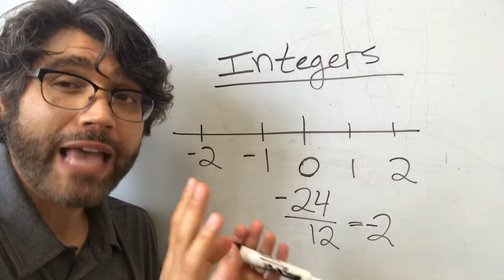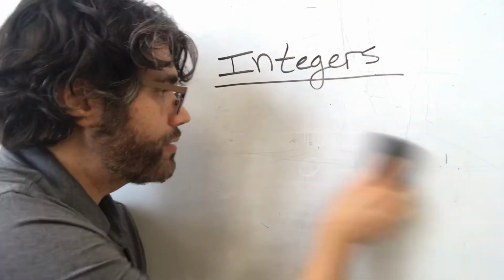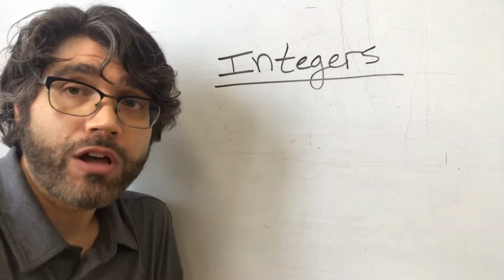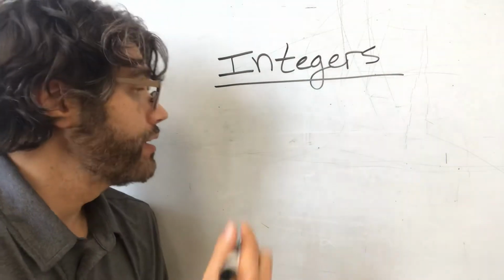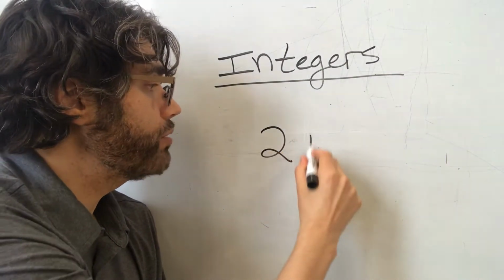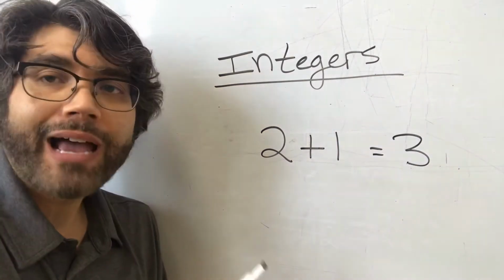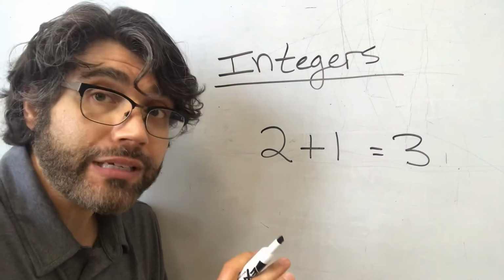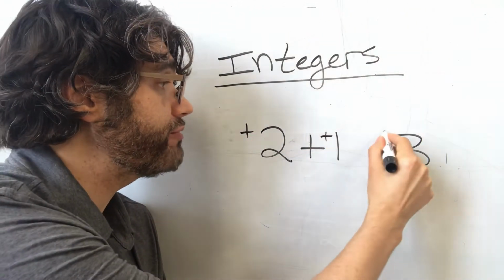And now we're going to add and subtract them. Now you've been adding and subtracting them for probably a long time already. You've been doing positive integers, like say 2 plus 1, that's 3. And I know that you didn't usually put this in front of each of the numbers, but you could have.